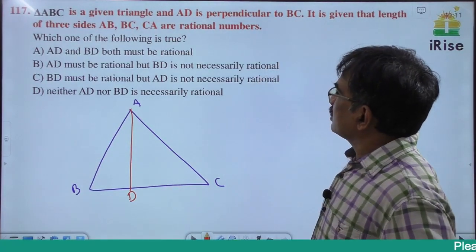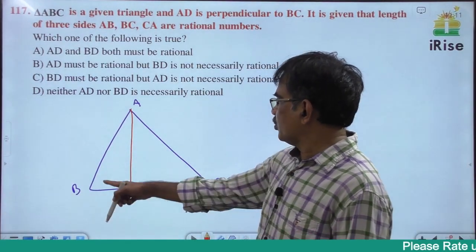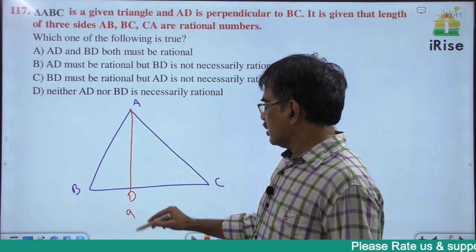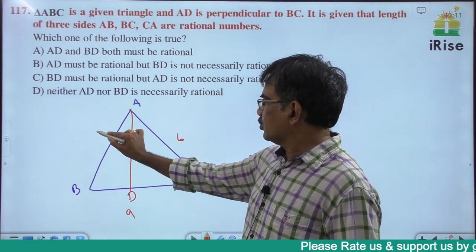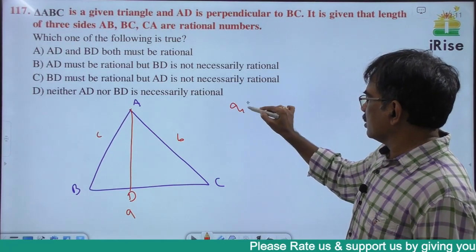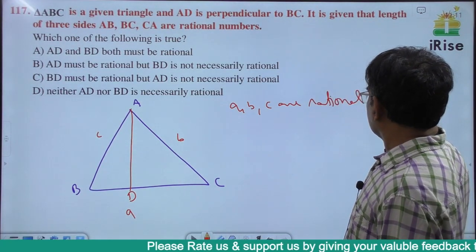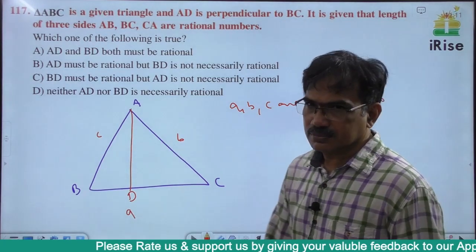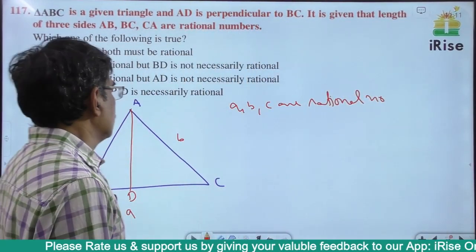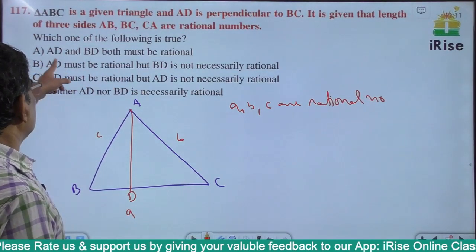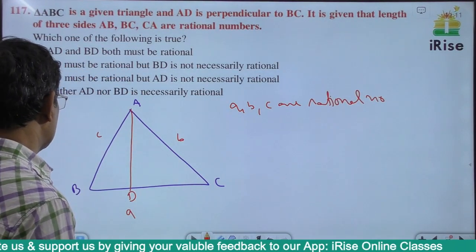It is given that the three sides are rational numbers: small a opposite to A, b opposite to B, c opposite to C are rational. Then, which of the following is true? AD, BD both must be rational.